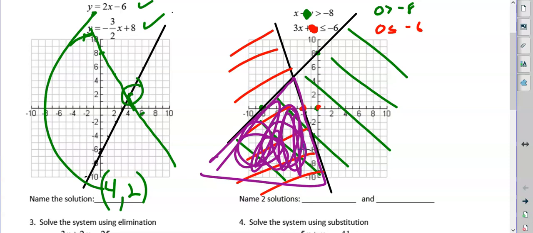So for example, you can't see it very well, but anything on the axis. Very simple. -6, 0. -4, 0. -4, -3. Down here somewhere. Okay? Anything in that shaded area would be fine. Okay?